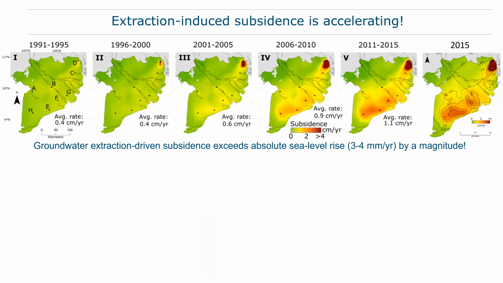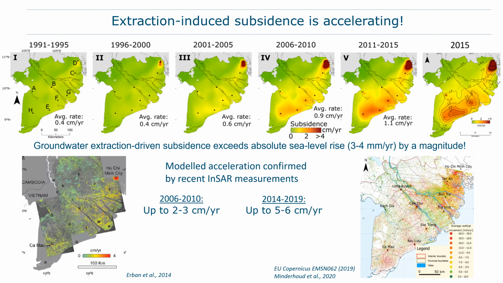And later, when we had access to newer InSAR data that I showed you earlier, we see the same thing when we measure it from space, and they are consistent with what we saw earlier in the model. So in the time span of 10 years, we see this almost doubling of the more extreme rates in the delta, where we have these two InSAR data sets next to each other. And it also shows that the overexploitation of groundwater affects almost the entire delta at this moment.